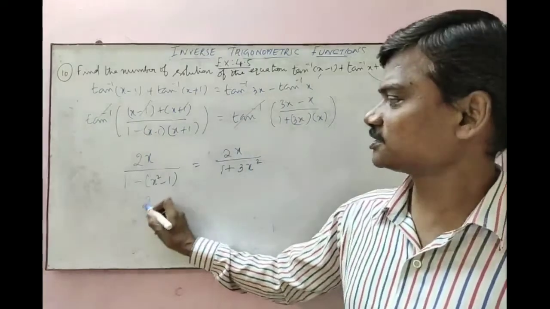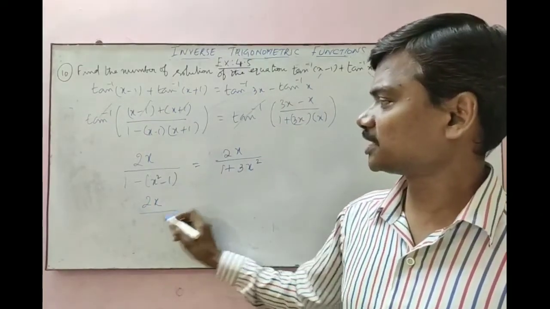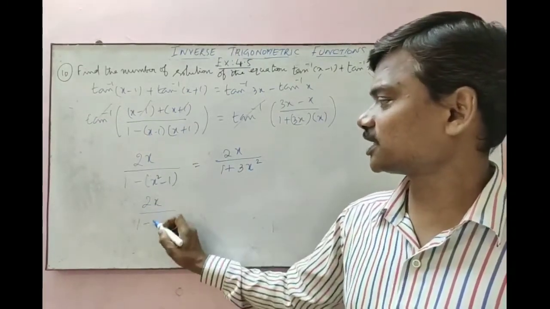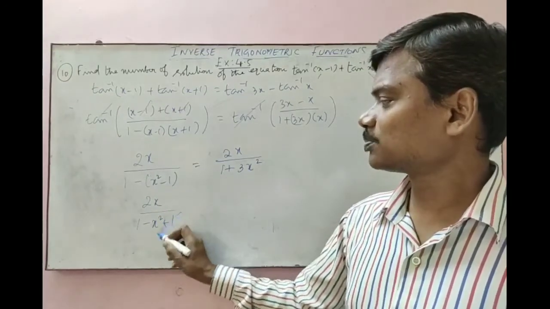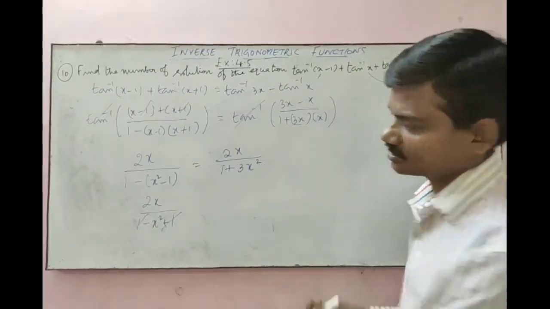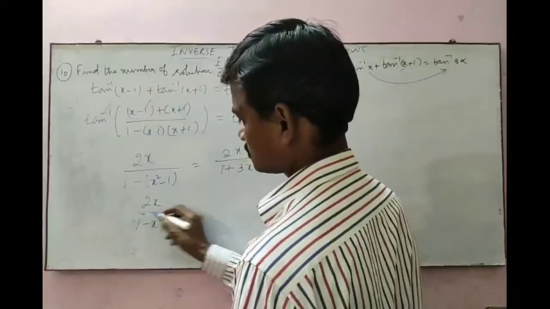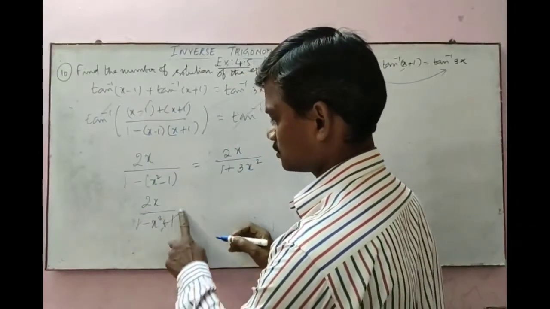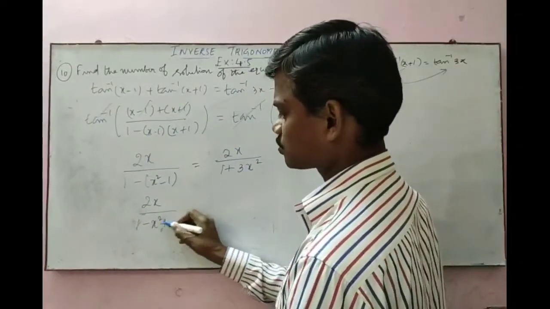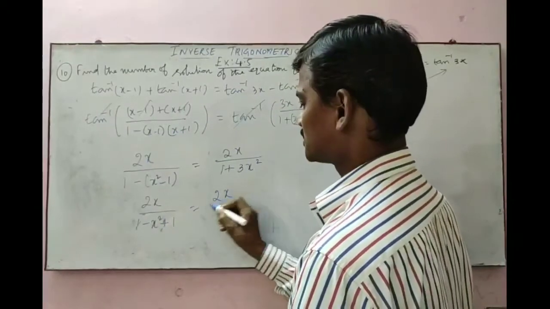Again on simplification you will get 2x by 1 minus x square plus 1. Here plus 1 minus 1, both are plus 1, so you can't cancel this.